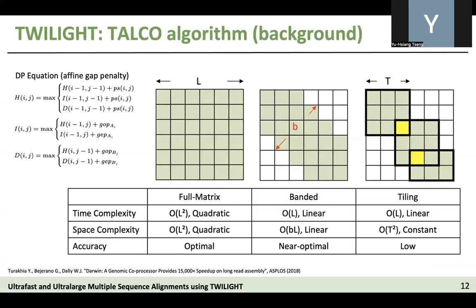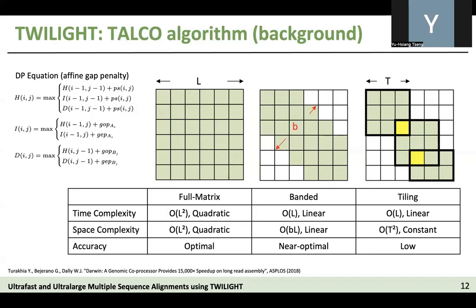Twilight uses the Needleman-Wunsch algorithm, which is a global alignment algorithm, to do the alignment with an affine gap penalty added onto it. There are a few ways to do the computation of the DP equation. The traditional way is full matrix computation, but it is not practical because the time and space complexity scale quadratically. So some people proposed a banded alignment, which reduces the time and space complexity to linear.